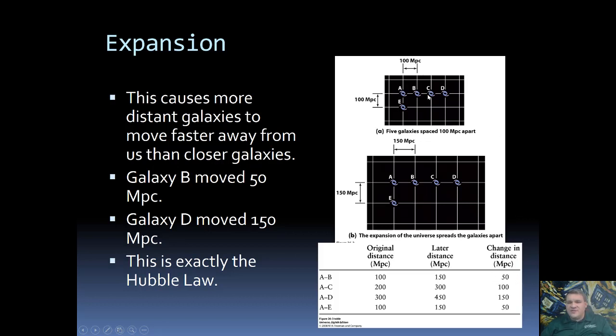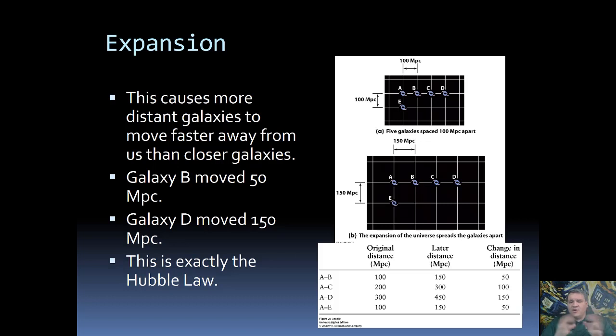Galaxy C used to be 200 megaparsecs away. Now it's 300 away, meaning it had to move 100 megaparsecs. And galaxy D used to be 300 away. Now it's 450 away, meaning that it had to move 150. Now, all of this motion took the same amount of time, that same 2 billion years that we had.